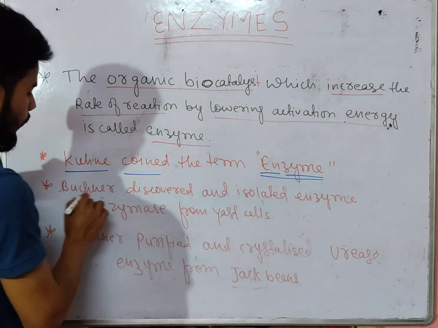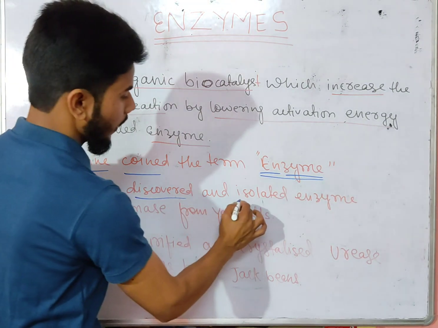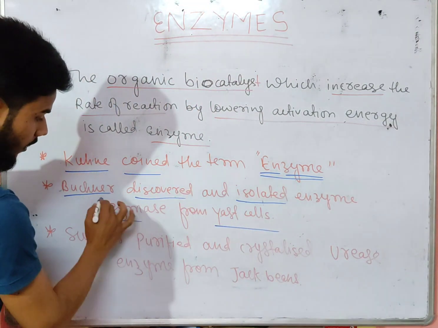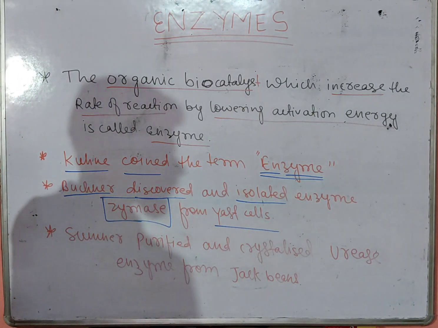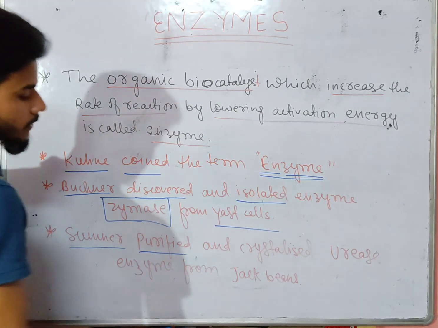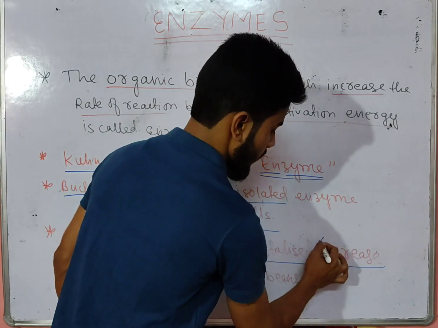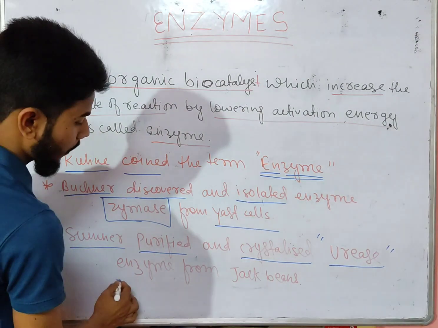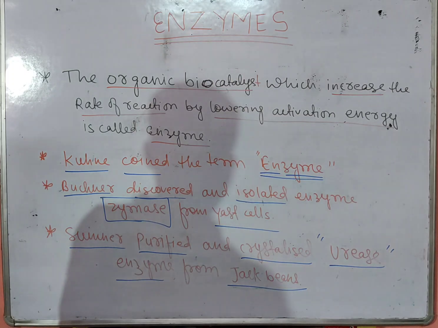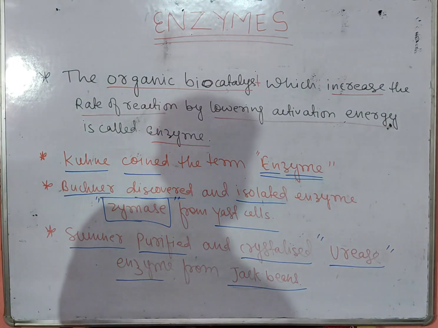Okay, so Buchner is a scientist who discovered and isolated the enzyme from yeast cell. The name of that enzyme is zymase. Next we have a scientist Sumner, who purified and crystallized, means in the form of solid, the enzyme urease from a plant, the jack bean, which is also called Canavalia.